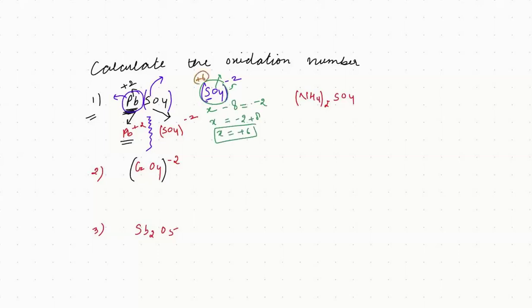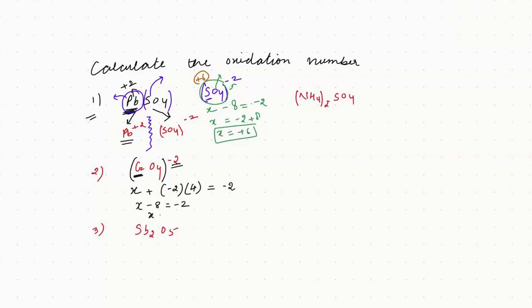Are you understanding? Right. Next question. In chromium, how do you calculate the charge? Let the chromium charge be X. And for one oxygen, it is going to be -2. So for 4 oxygens, it is going to be -2 times 4. And hence the overall charge is going to be -2. Did you understand? So you have X minus 8 equals -2.